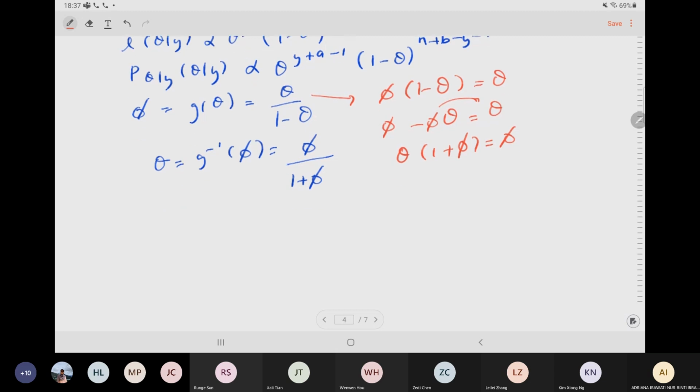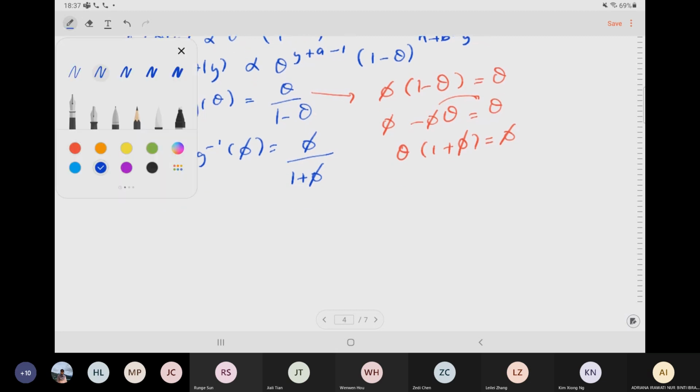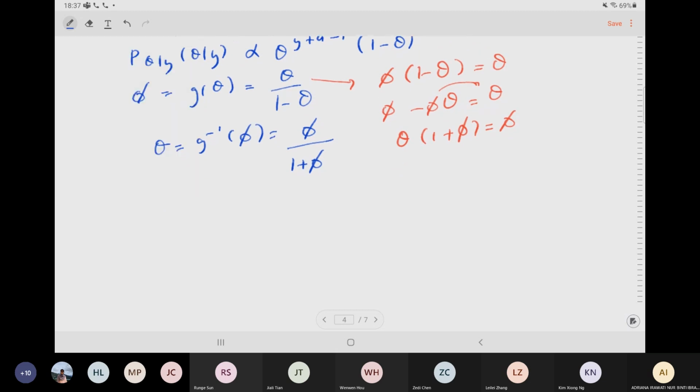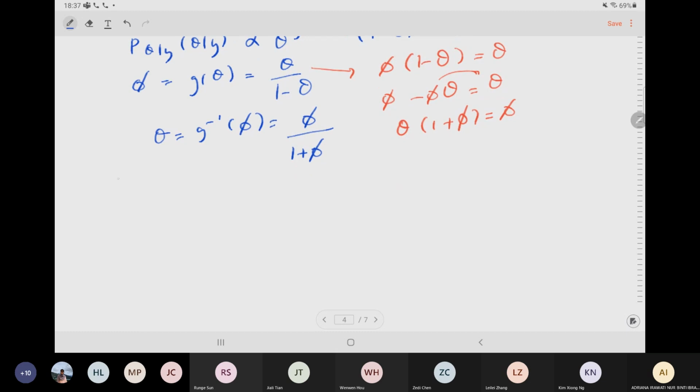After you have found your G inverse phi, this is where you can find the transformation. For example, if we look at the prior of phi, this would be the Jacobian times the prior of theta at G inverse phi. Okay, sorry, I keep writing the wrong thing.